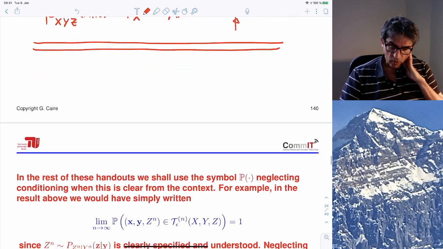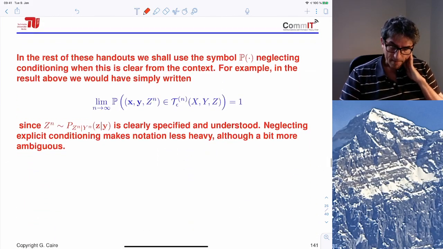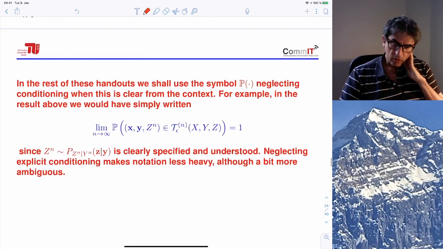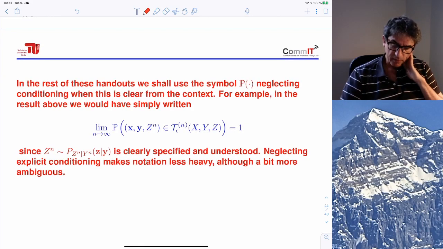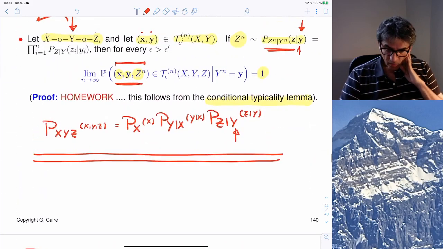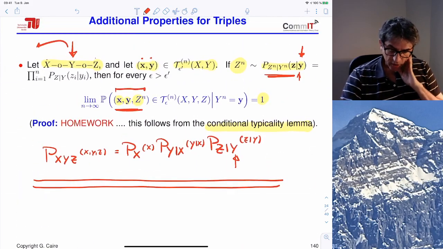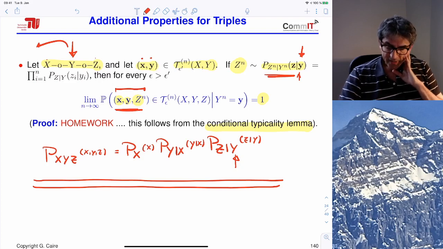Okay, well, you can do it by basically replicating the same steps that we have seen before explicitly. One more thing, sometimes I will neglect the conditioning when it is clear from the context. For example, here I say in the text that z is generated according to the conditional distribution of z given y for fxy.